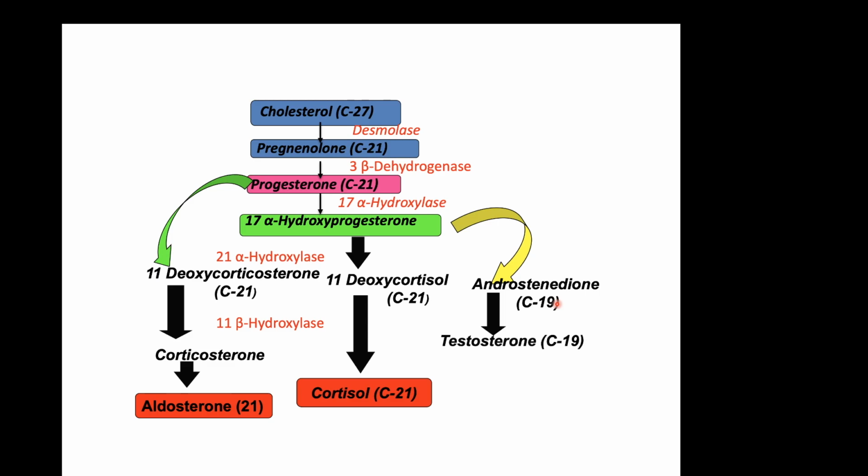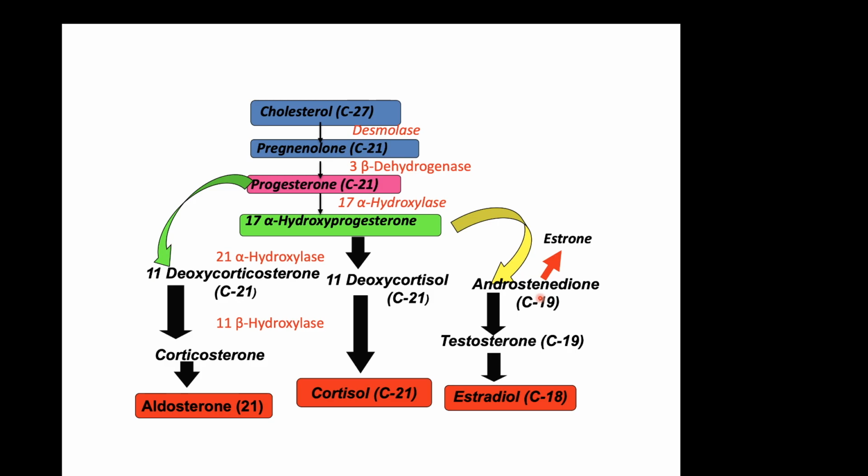Then from testosterone, aromatization will lead to synthesis of estradiol, and androstenedione may also lead to estrone by the action of the aromatase enzyme. So this is what we have discussed so far.